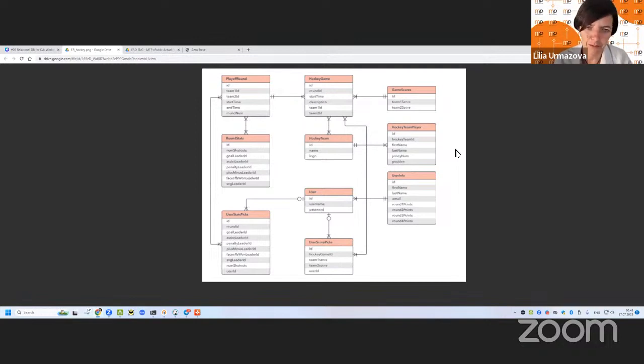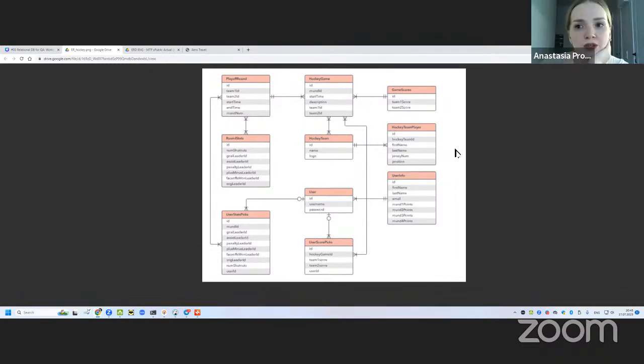So, first, the simplest question. Who can tell me what this database is about? It's about hockey. Okay. And in particular, what do we have here? What objects? And what information is stored here? What do you think?